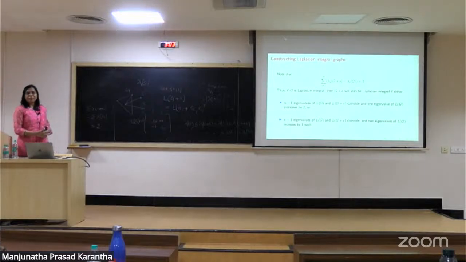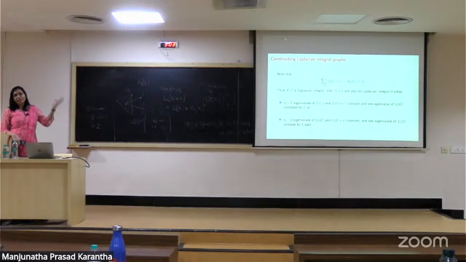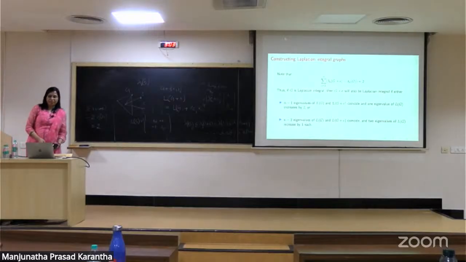And if G is Laplacian integral and this type of variation happens, then we can get another integral graph by adding this edge. Both cases are characterized.